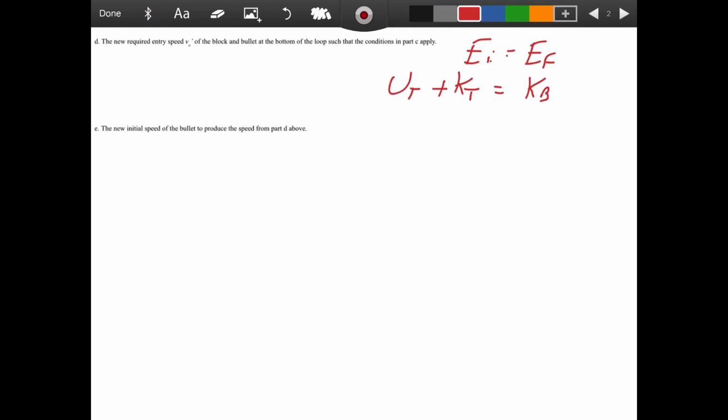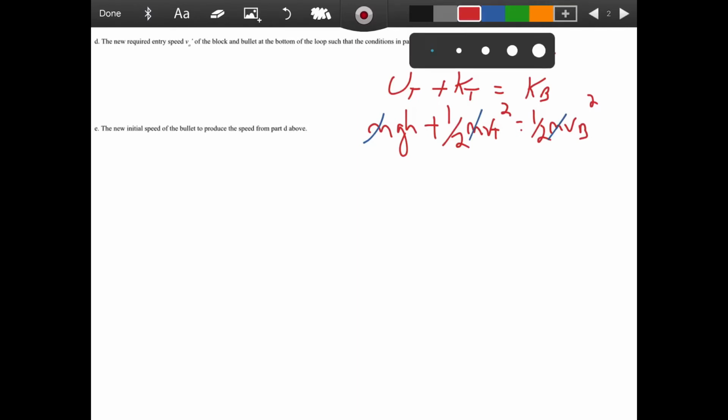Now we can plug in. So we got mgh plus 1/2 mvt squared equals 1/2 m vb squared. Now, all of these have an m in it, so we get rid of these. And now let's plug in specific values.